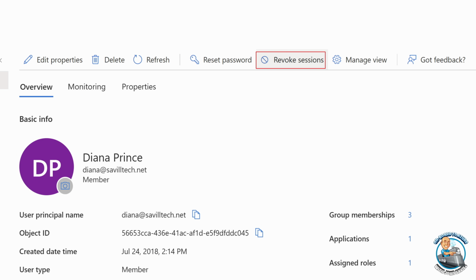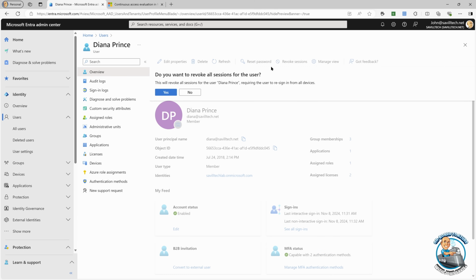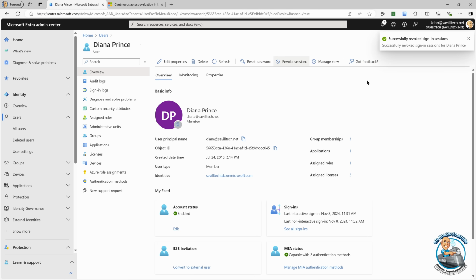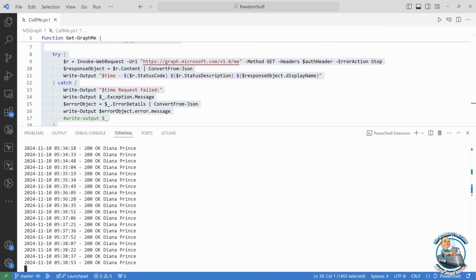We're going to revoke all of the sessions for Diana. So do you want to revoke all sessions for the user? Yes. So that is now successfully revoked all of the sign-in sessions. Now, if we look straight away, this is going to carry on being fine. This is not going to instantly fall apart.